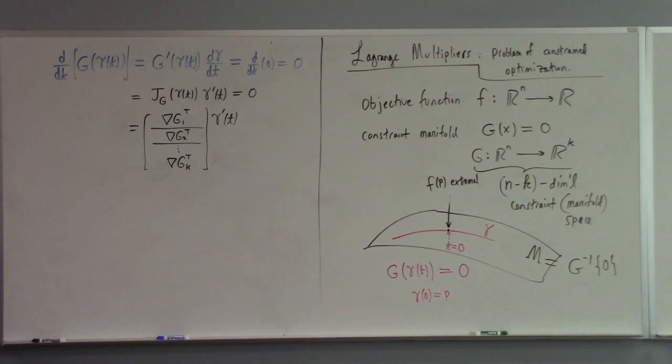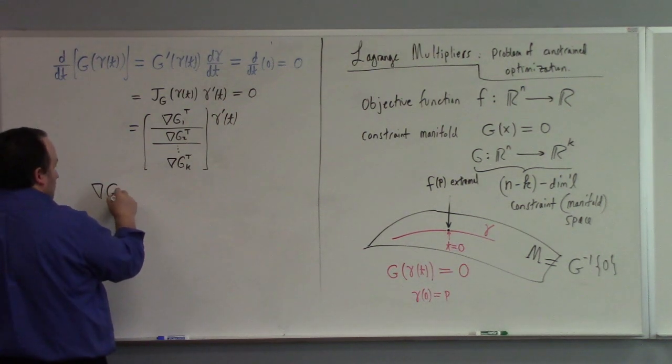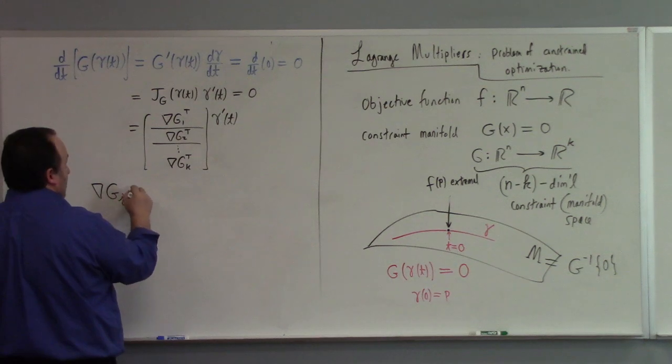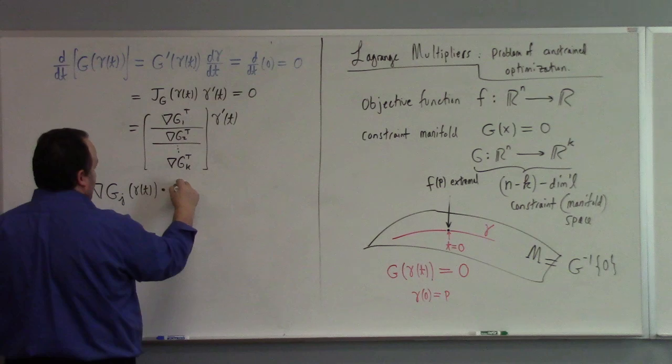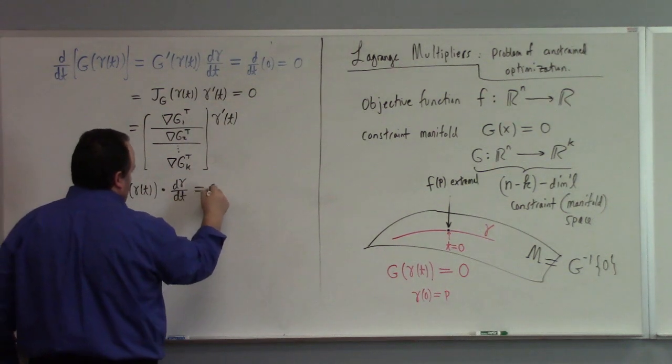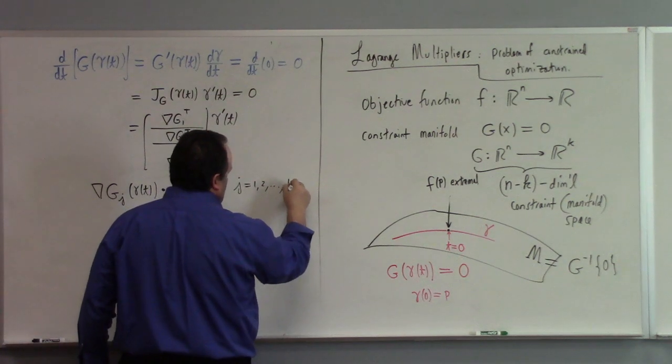What does this mean? Each one has to be 0. This means that the gradient of g sub j at gamma of t dotted with d gamma dt is equal to 0 for j equals 1, 2, all the way out to k.